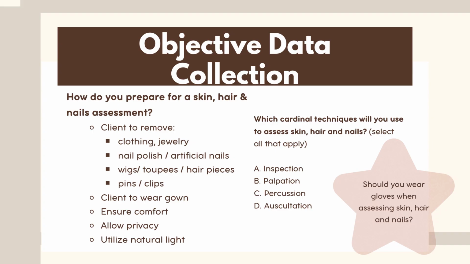Then another question, should you wear gloves when assessing skin, hair, and nails? The answer is yes. You don't know what may be contagious or easily spread. Anytime you have anything abnormal and you're going to be palpating it, I would definitely be wearing gloves.